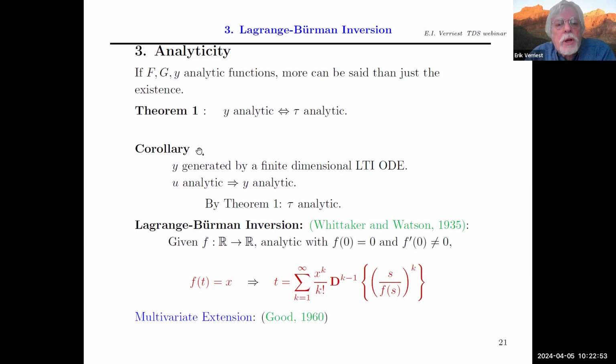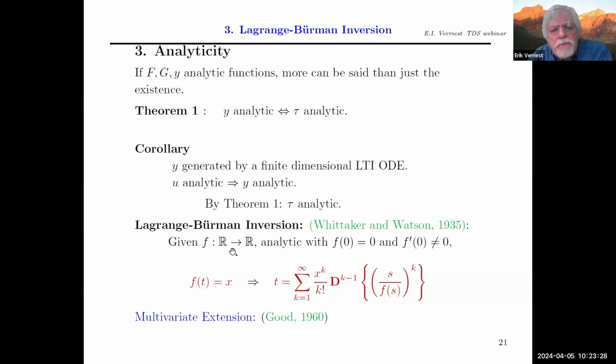Now, as a corollary, if y is generated by a finite dimensional linear time invariant ordinary differential equation and u is analytic, then we know that y is analytic. So by the theorem I just cited, that means that τ is analytic. And now I can use the Lagrange-Bürmann inversion, which is a powerful but little known theorem that is usually not taught in calculus courses.